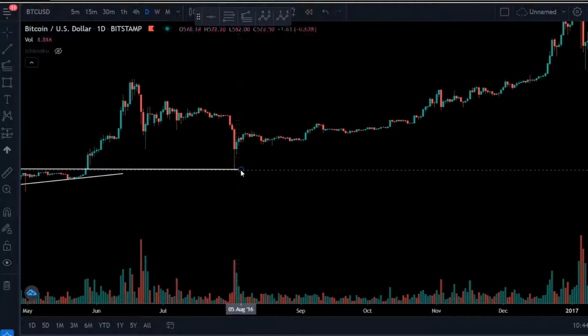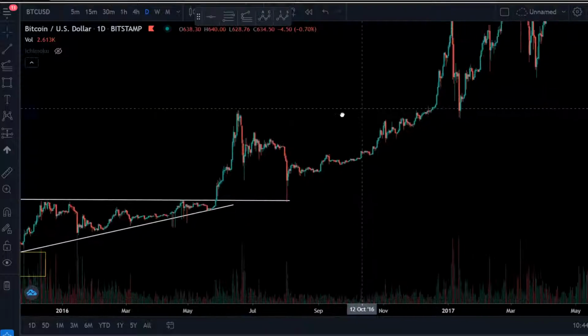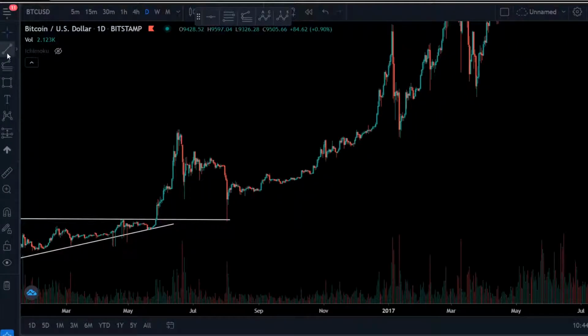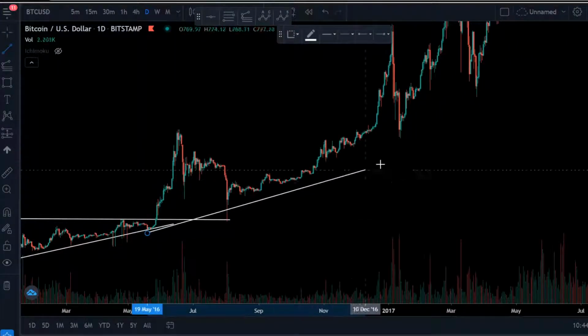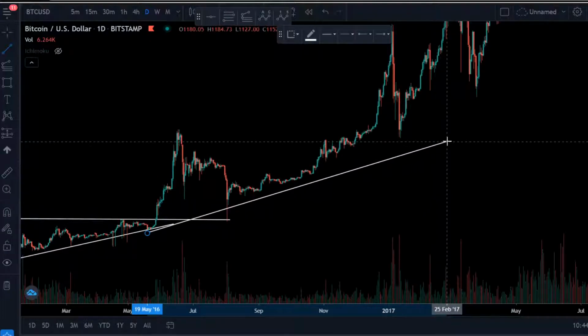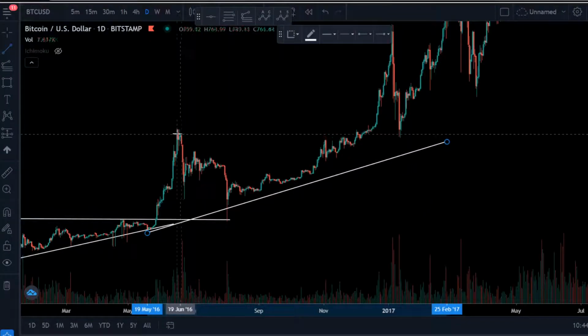Anyway, you can see a perfect example of resistance turn support, and look what's going on here again, guys. This was probably the best price action chart ever made in a financial asset. Look at that.